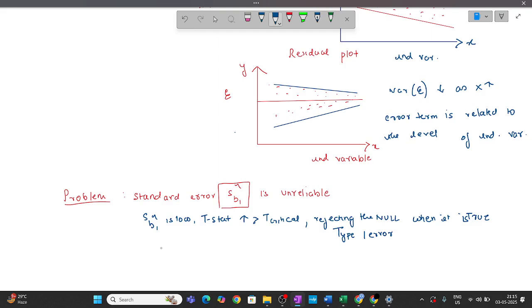अच्छा, और नहीं इफ एस बी वन हाई भी तो हो सकता है. If standard errors are unreliable, तो एस बी वन हाई भी हो सकता है, लो भी हो सकता है.